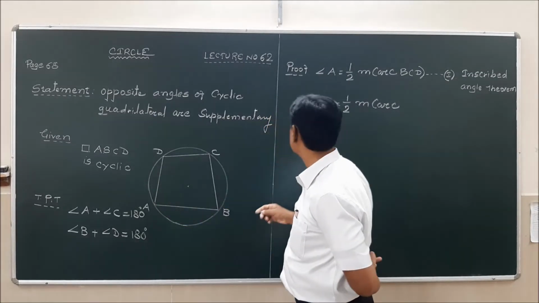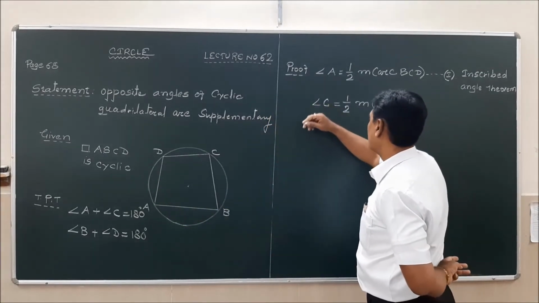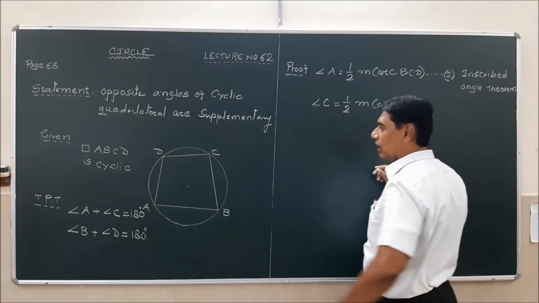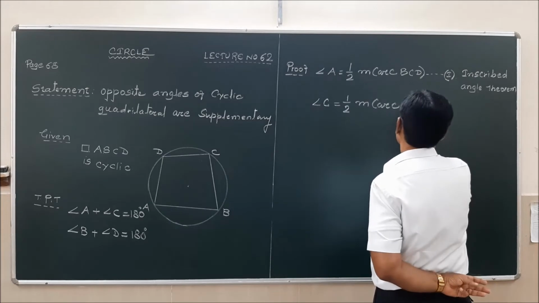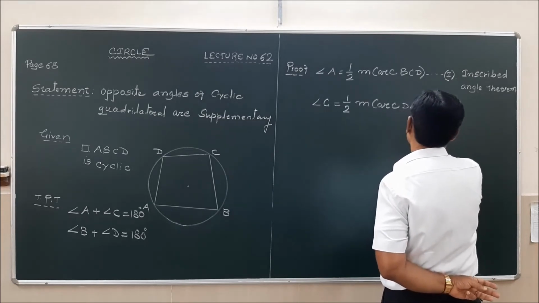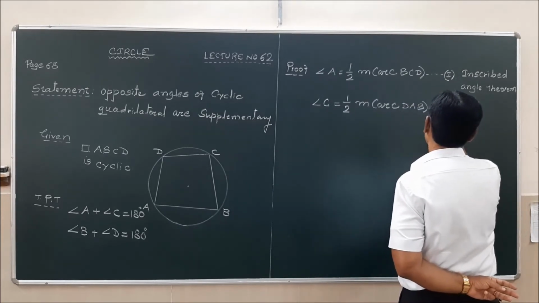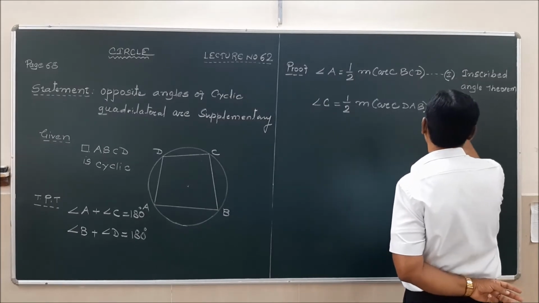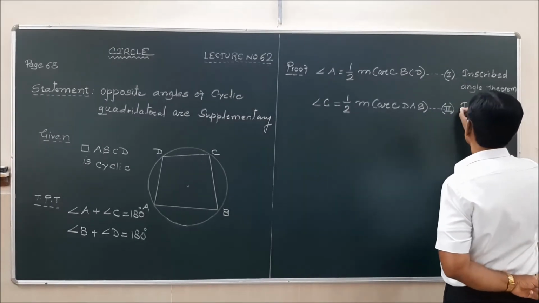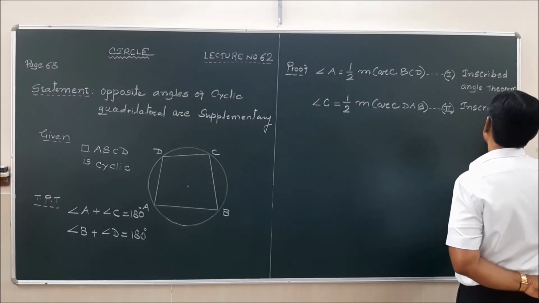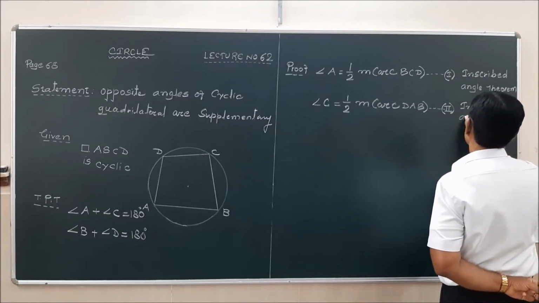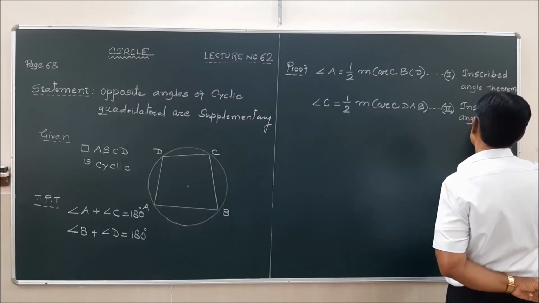So I write here angle C is equal to half measure arc DAB. If I label this as result 2, same reason we have to write: inscribed angle theorem.